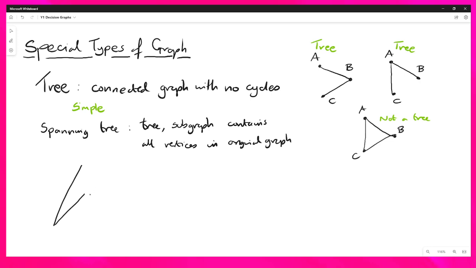So if we have the graph here that looks a little bit like the Star Trek logo, graph ABCD, this is our graph. A spanning tree could be this.